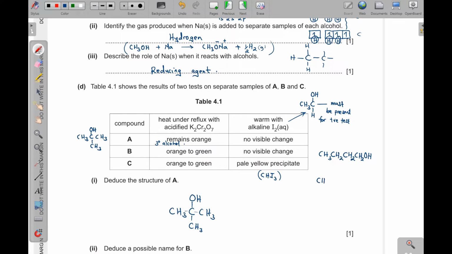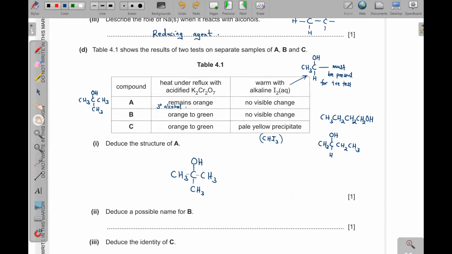Now, I must have a CH3, CHOH group for me to have this pale yellow. Are we there? Now let's put here another group. How many carbons are they supposed to be? They have to be 4. So I can put a CH2 and then a CH3. Now you can see that this one has this group here. So it can give that.